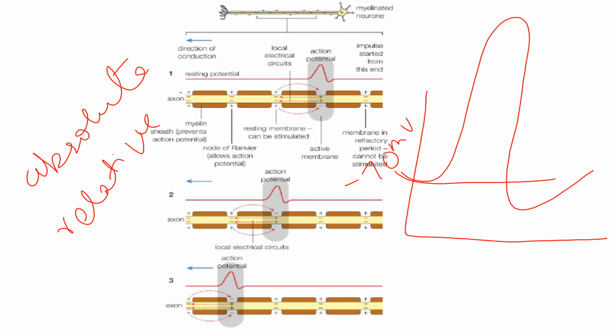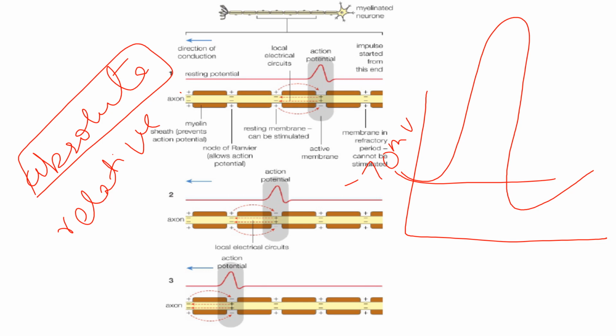Absolute refractory period is the period during which no action potential will be generated, right? Sodium channel ions are completely blocked and the resting potential has not been brought back to normal. No action potential can be generated at all. That is absolute.